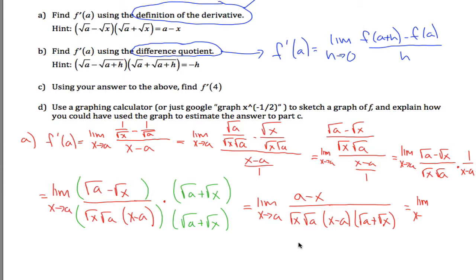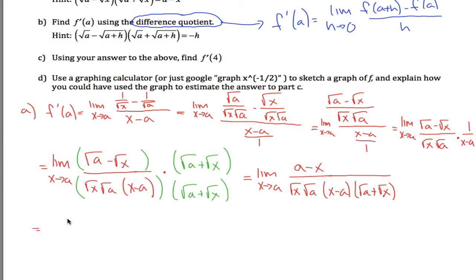All right, let me copy that next line down here. This is the limit as x approaches a of negative x minus a divided by root x times root a times x minus a times root a plus root x.